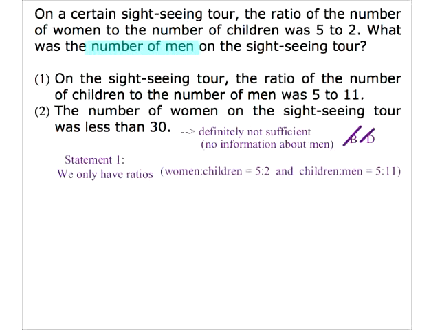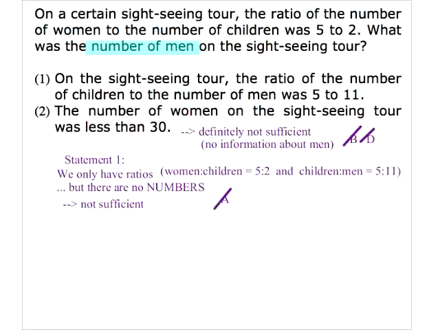But there are no numbers, so it's impossible to tell the size of these numbers. This is also not going to be sufficient, because if you just have a bunch of ratios, you don't have numbers. If things are in ratios, they can be big or they can be small. So that means that A is also out.